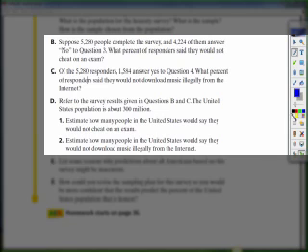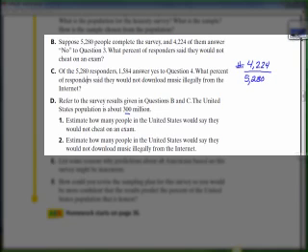D says, refer to the survey results given in questions B and C. The United States population has about 300 million people. Okay, so we're asked to estimate how many people in the United States would say they would not cheat on an exam. So you guys above here found the number that said they would not cheat on an exam to be 4,224, and that was out of 5,280.